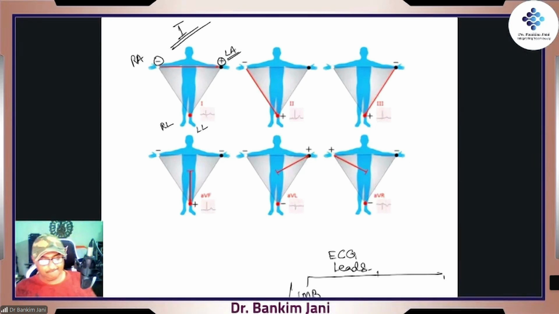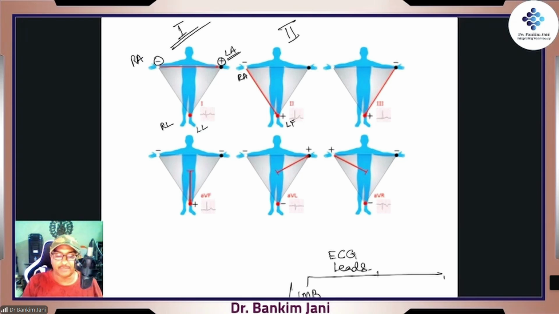Okay. There comes the second one, where this was arranged like this. The second one, this is the lead 2. Lead 2 is between the right arm and the left foot. Foot is positive.